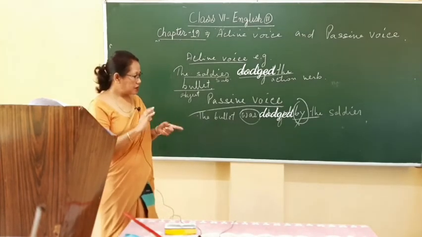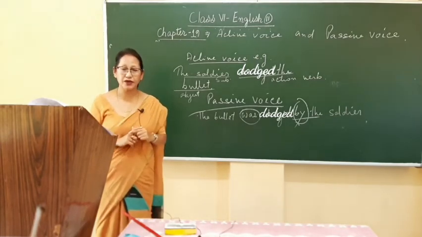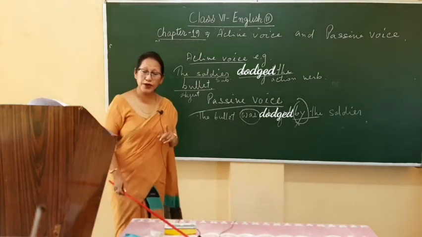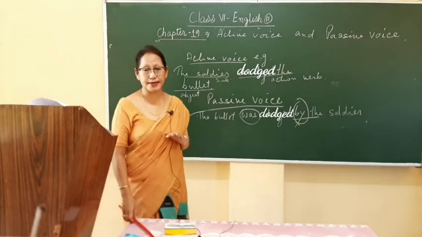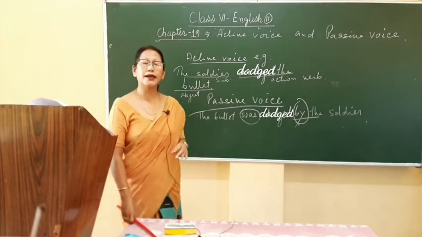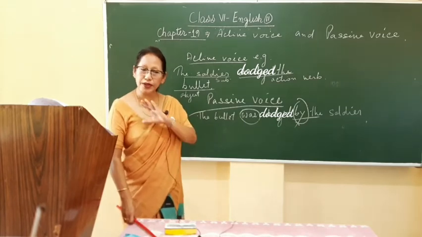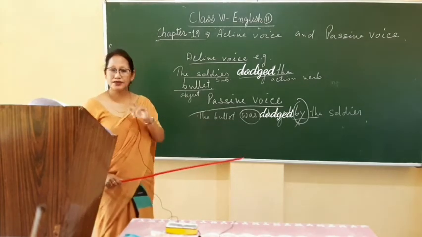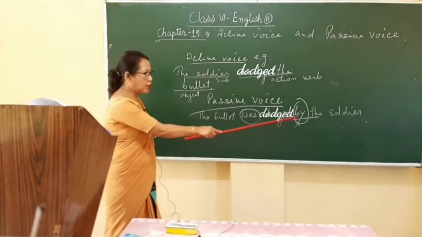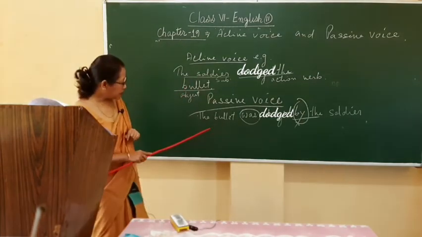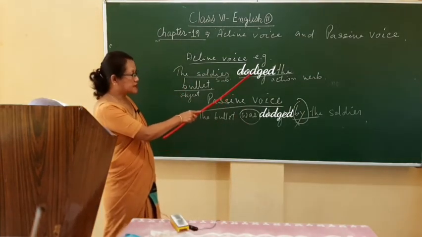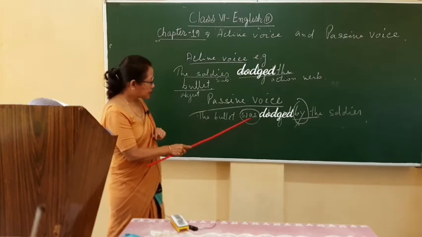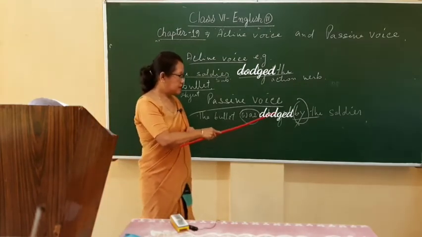So we have to take the help of an auxiliary verb. Auxiliary verb means helping verb. So children, remember that you cannot change the tense, you cannot change the subject, and you cannot change the object. Everything will be the same, only you have to change the pattern of the sentence with the help of the auxiliary verb. Well, dodge is in the past tense, so the bullet was dodged by the soldier.